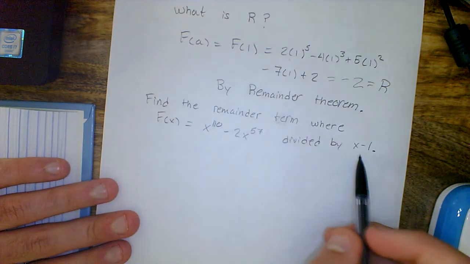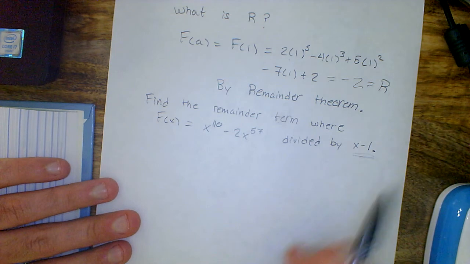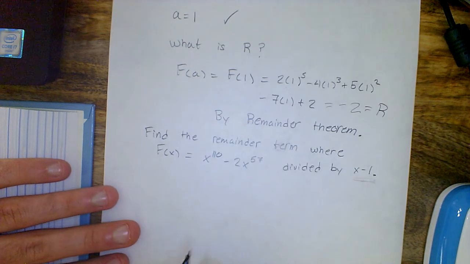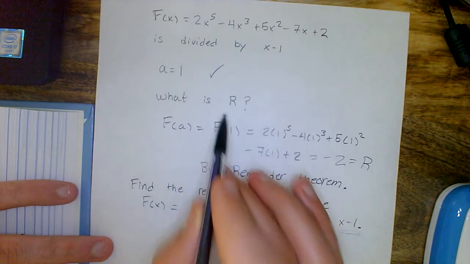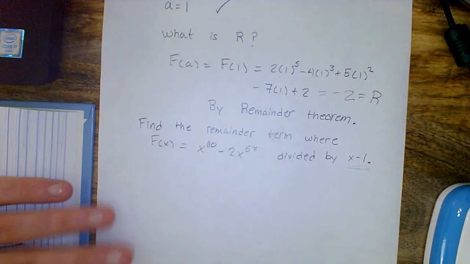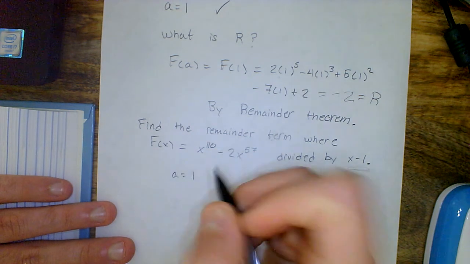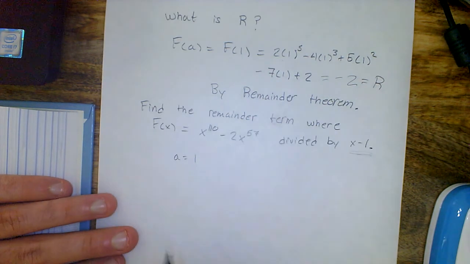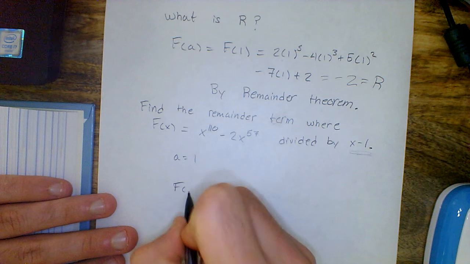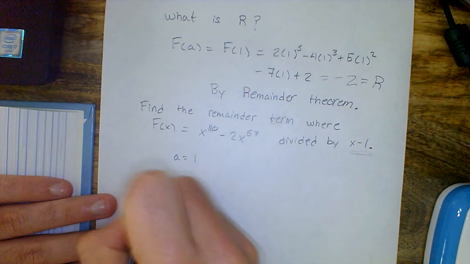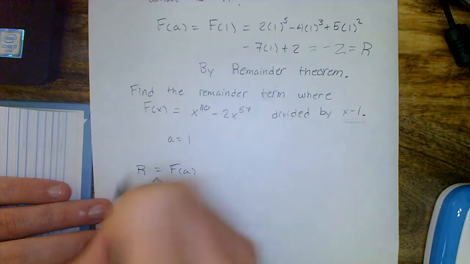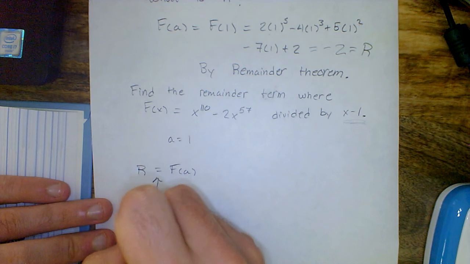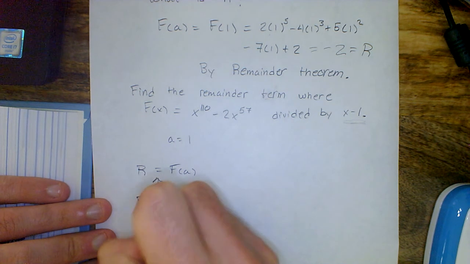So if someone just asks you what the remainder term is, in this case where we have x minus a, we're not going to do the actual division. We're just going to use the remainder theorem. So a is equal to 1, and I just have to do f of a. Here, this equal sign is the thing that requires the remainder theorem.